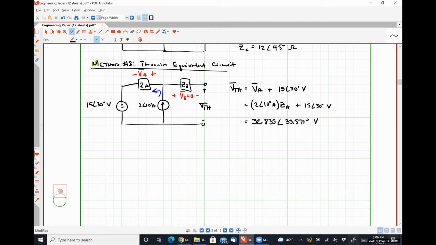So now that I know the Thevenin voltage, I need to know the Thevenin impedance. Thevenin impedance I would find by turning off my independent sources. So that means my 15 angle 30 degrees voltage source becomes a short circuit. My 2 angle 10 degrees current source becomes an open circuit.